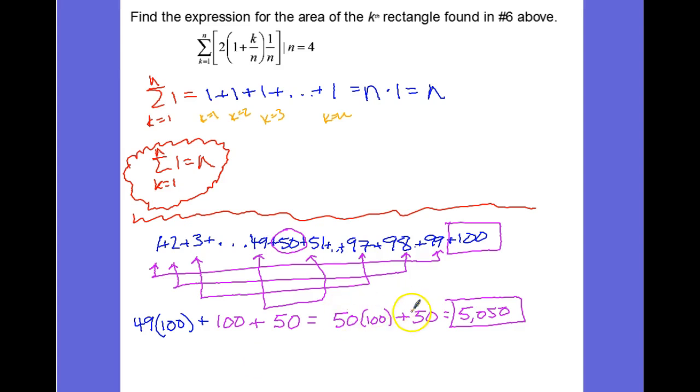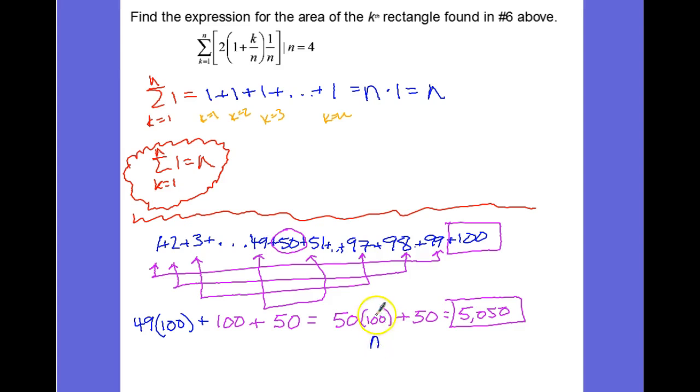Now what's interesting about this is maybe it could be generalized. So here we've done the first 100 integers. But what would happen if we wanted to know the sum of the first n integers? Well, the first thing that we might consider doing is replacing 100 with n.